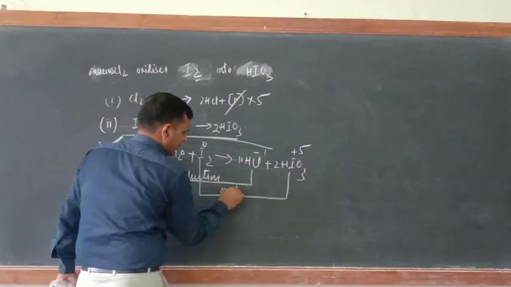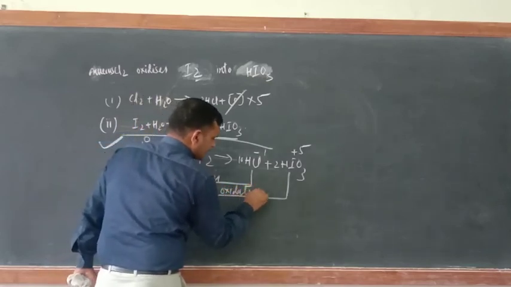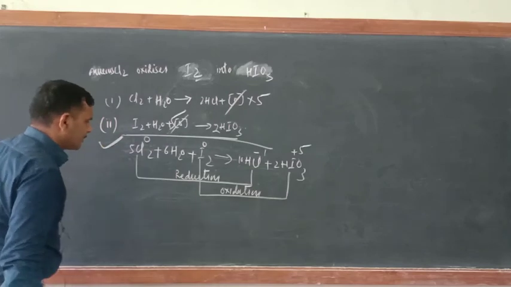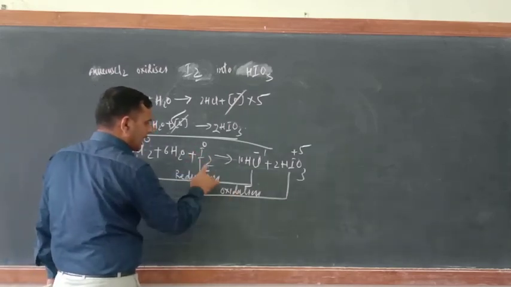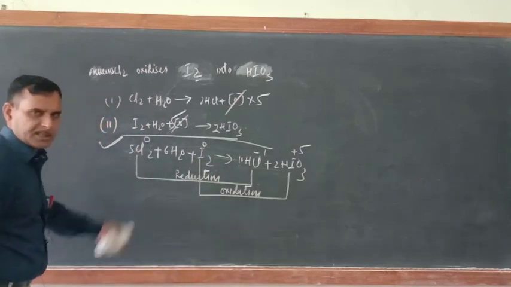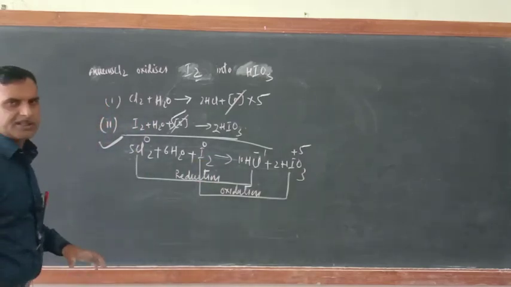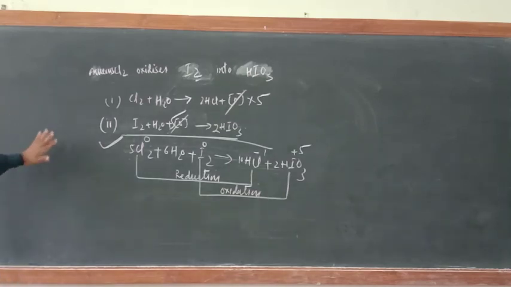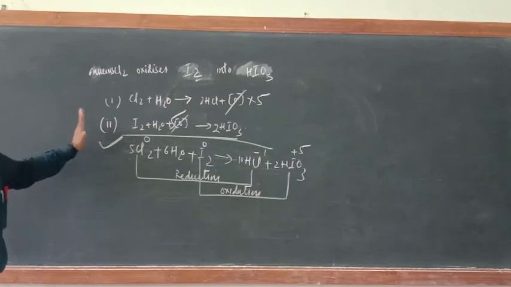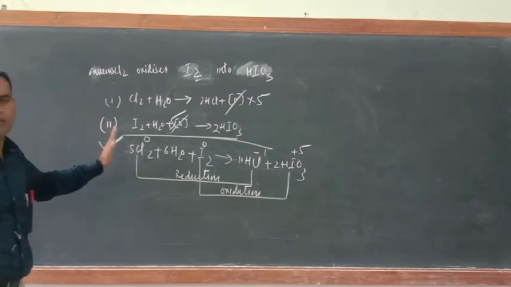This is oxidation. So just try to understand, I2 is undergoing oxidation, hence it is the reducing agent. In this way the oxidation reactions of Cl2 are completed. Now it is clearly visible to you. The reactions are very simple, no need to memorize, just remember the product.